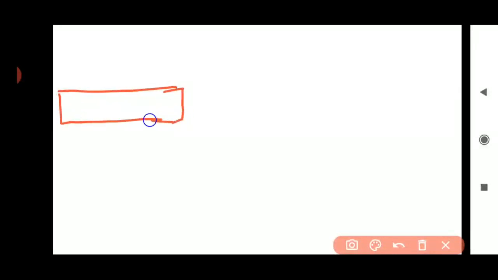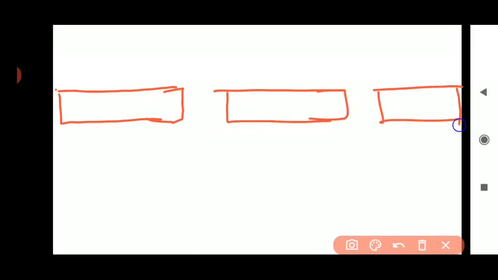That means, let here one rail is there, then here another rail is there, and here another rail is there. Let the gap kept between two rails be 5 centimeter.